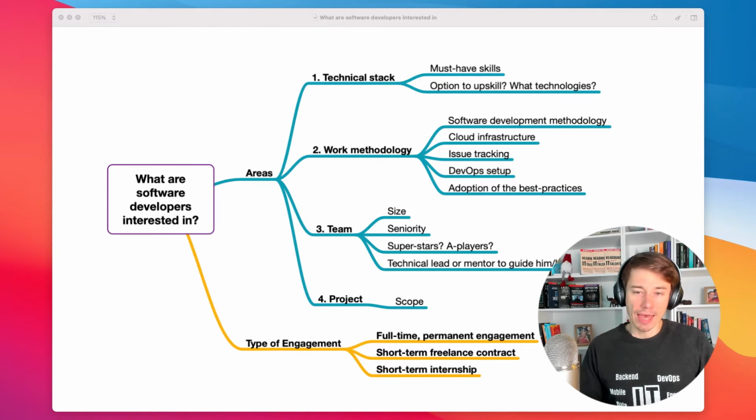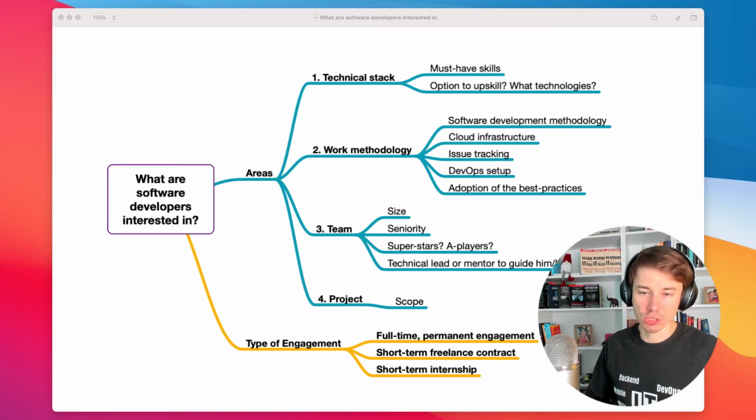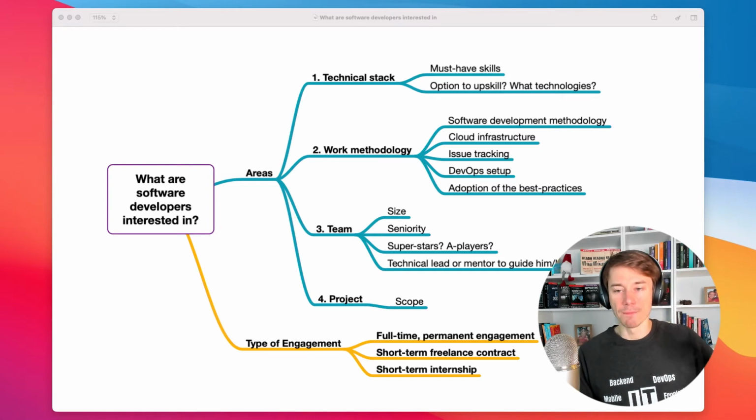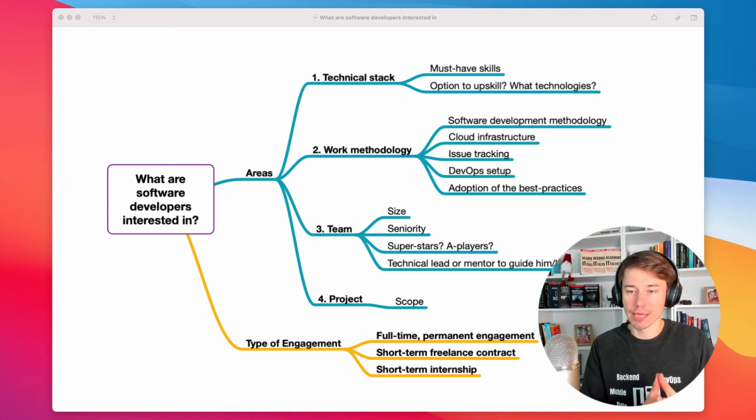Right? And number 5, the type of engagement. Obviously, this is something you are probably well aware of, so I'll not spend too much time talking about it. The type of engagement: is it a full-time or permanent engagement? Is it a short-term freelance contract or a short-term internship?